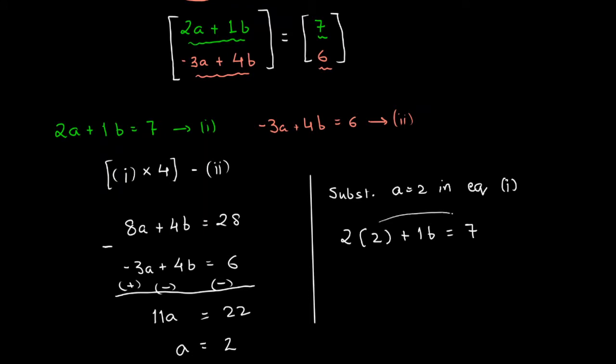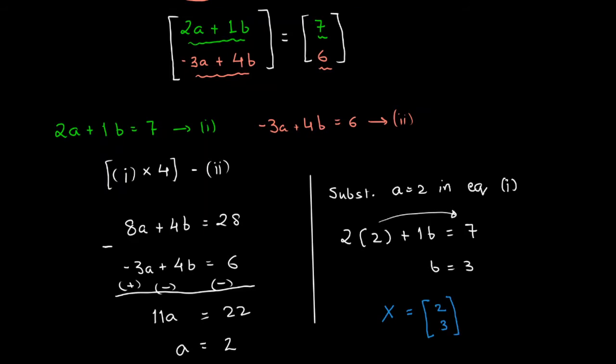It's plus 4 here, take it to the other side, becomes minus 4. So B will be equal to 3. So I finally found the values of A and B, which would mean matrix X is equal to 2, 3. This is what we need to find.